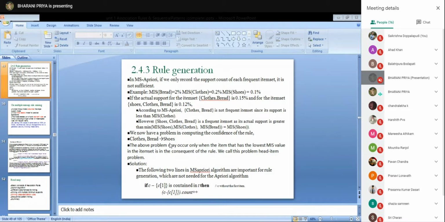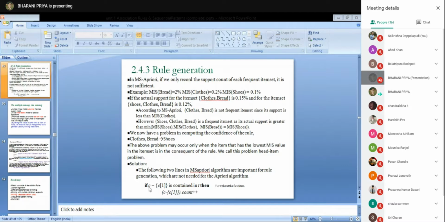And the rule clothes, bread implies shoes cannot be calculated, because you don't have the support for clothes, bread. So this type of problem occurs only when you have the lowest MS value in the consequent of the rule.